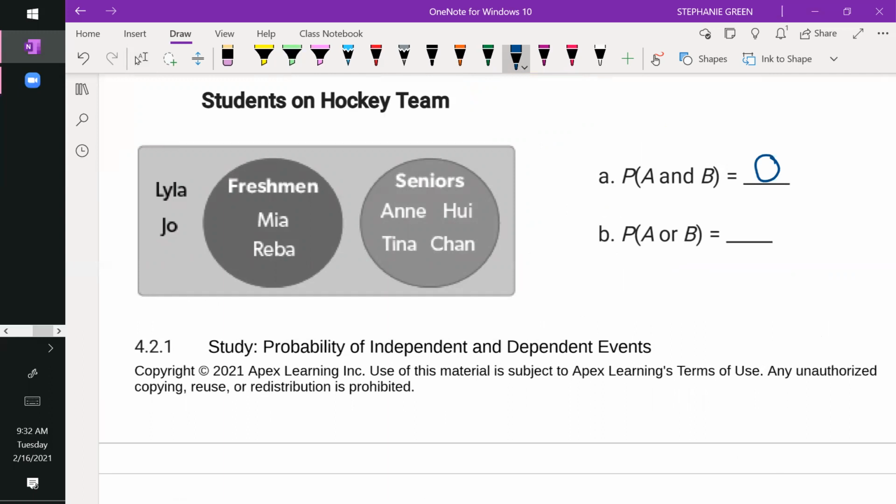The event A or B, though, would be the probability of event A, 2 out of, let's just say this is 4, 5, 6, 7, 8, a total of 8 students here. So 2 out of 8 here, and we got 4 out of 8 here. So 2 out of 8 plus 4 out of 8 is 6 out of 8, or 3/4.